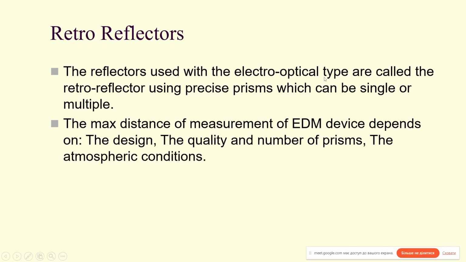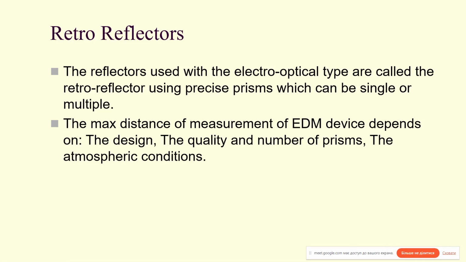The reflectors used with the electro-optical type are called retroreflectors. Retro means that the waves go back directly to the reflector and back to the receiver, using a precise prism which can be single or multiple. We use multiple prisms where the distance is much bigger.